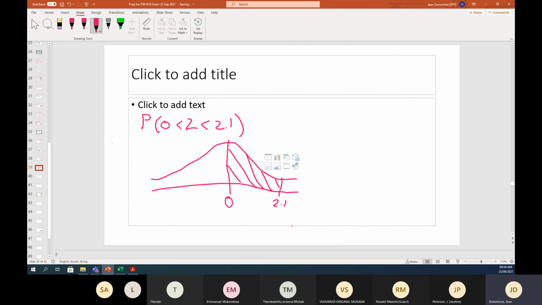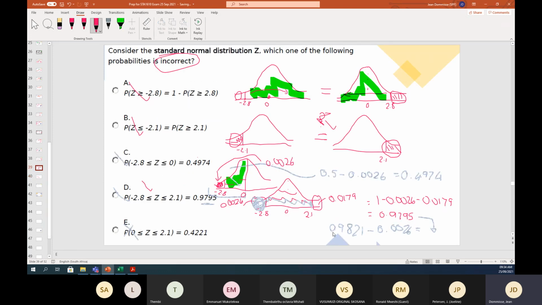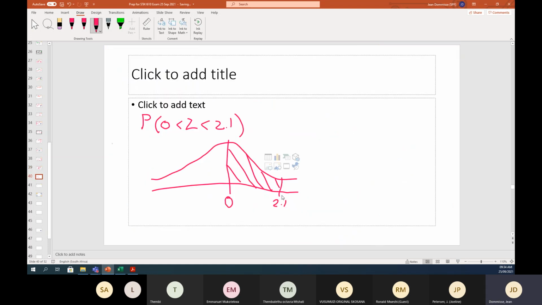Here we already know what the 2.1 is: 0.9821. But that includes that whole area. I only want from 0 to 2.1, so in that space there is a 0.5, so I then need to say that minus 0.5 will give me the answer I'm looking for.